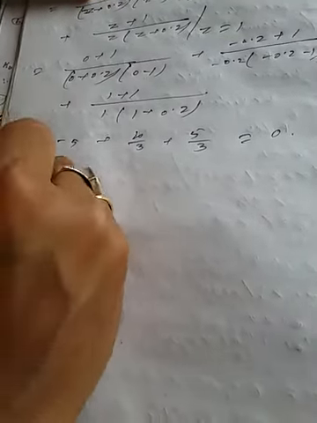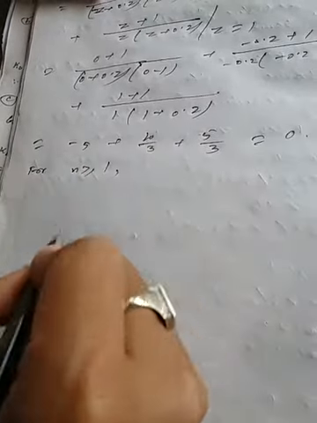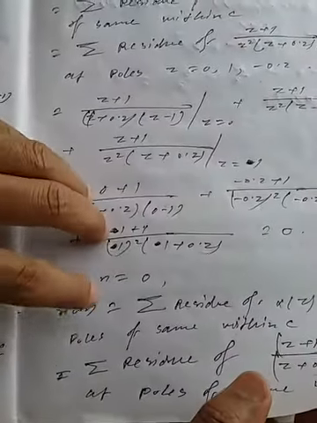Okay, now for n greater than or equal to 1. Here we can see that for n equal to 0, x0 is equal to 0.